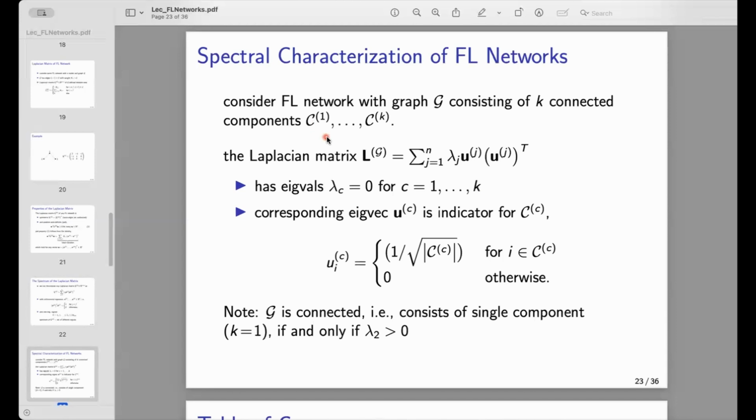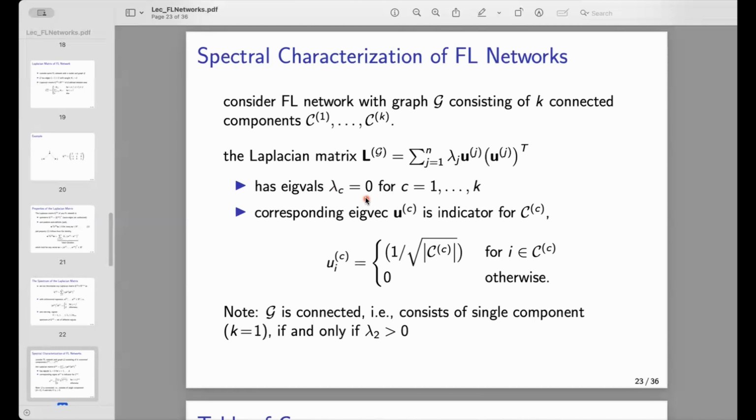Then it turns out that there's not only one eigenvalue equal to 0 in this ordered list of eigenvalues, but there are k. Exactly the number of connected components is also the number of ordered eigenvalues equal to 0.